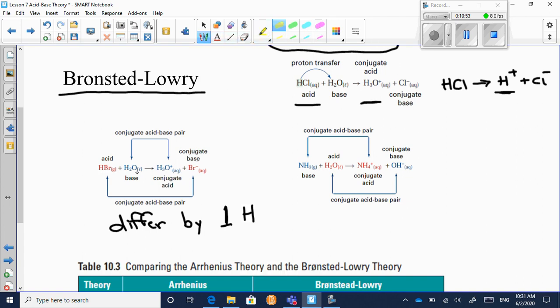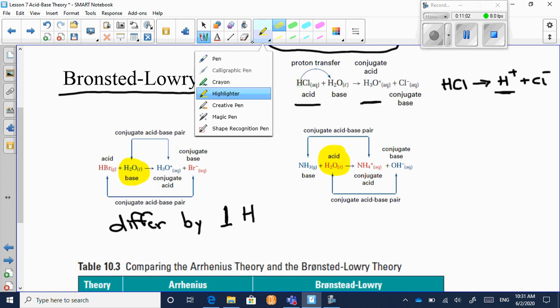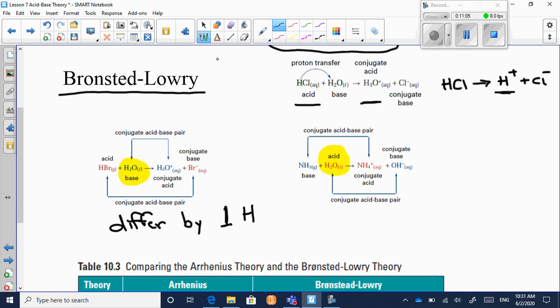In this situation, water is a base, but in this situation, water is an acid. So just be aware that water can take on different roles, but it doesn't matter whether it's an acid or a base, they differ by one hydrogen. In this case, NH3, which is ammonia, differs from ammonium by one hydrogen.